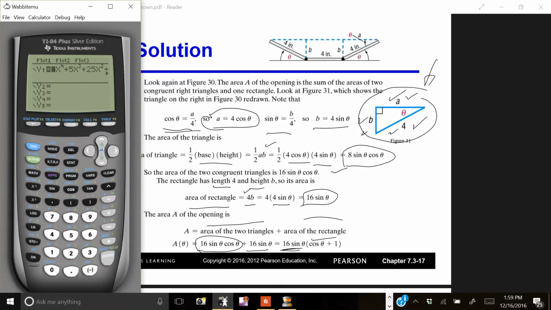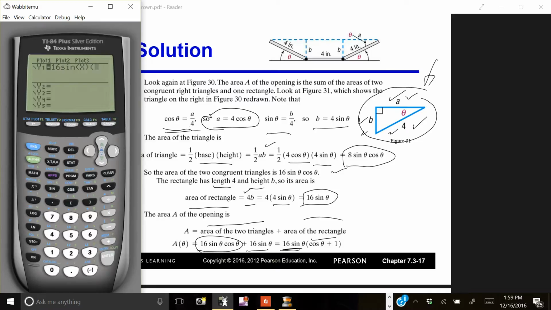And now we're going to put the formula in. We need to put 16 sine of theta. Notice it says x, but we really are doing theta. 16 sine of theta.